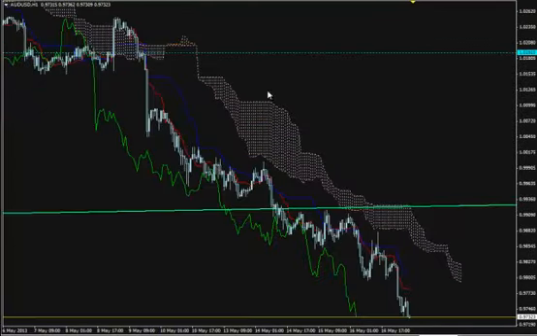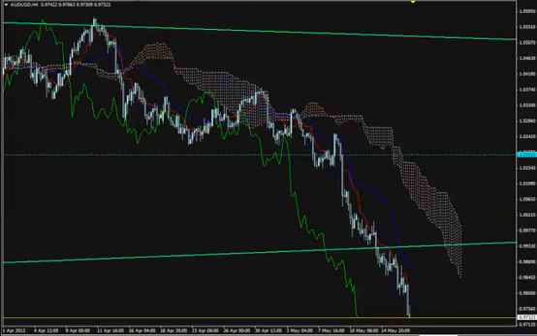On the H1 chart, the best place to put your stop is above the Kumo, a few pips above the Kumo. I mean here where the Kumo has the horizontal top. On the H4 chart, maybe above Kijun-sen here, but it depends.